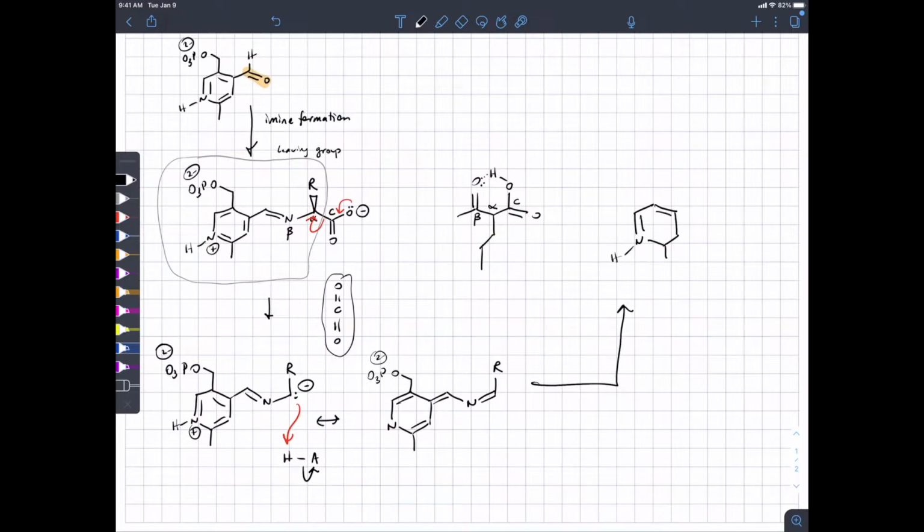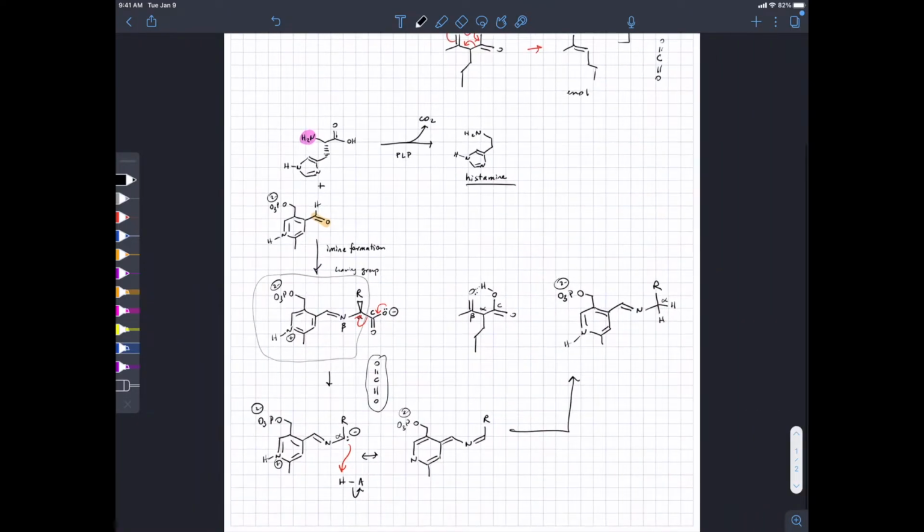Protonate the alpha carbon. So now we don't have the negative charge on what used to be the alpha carbon anymore.